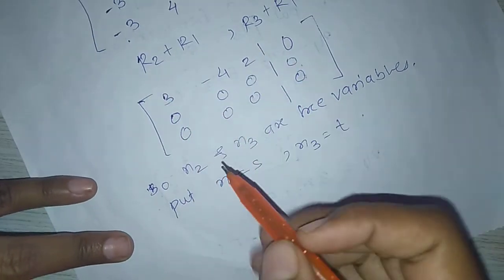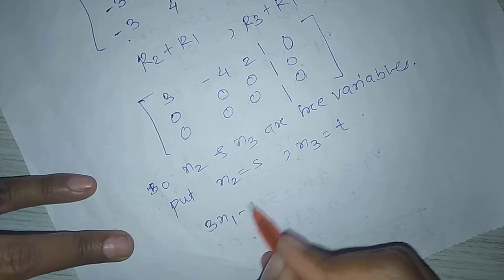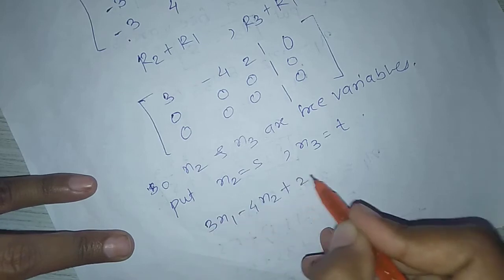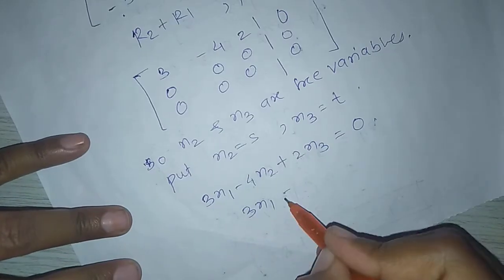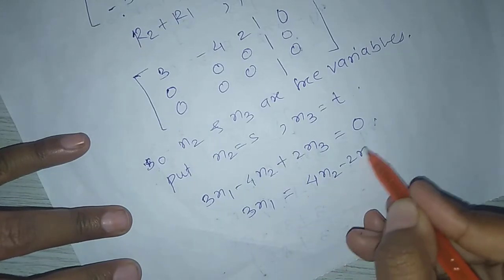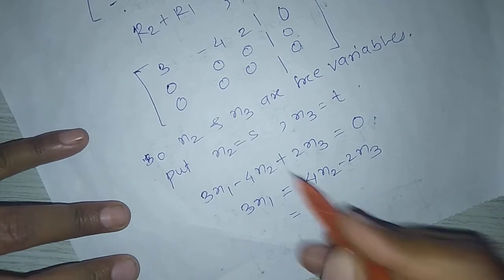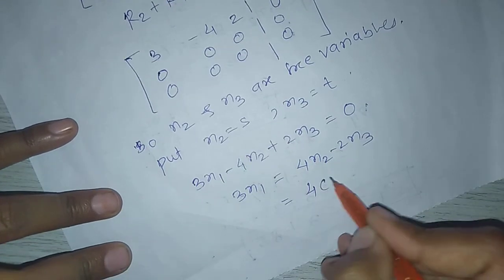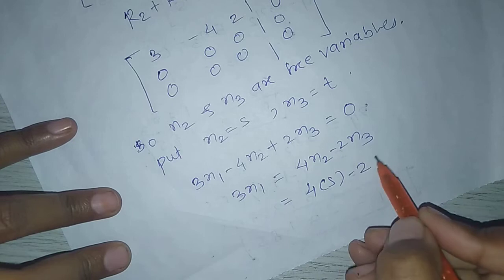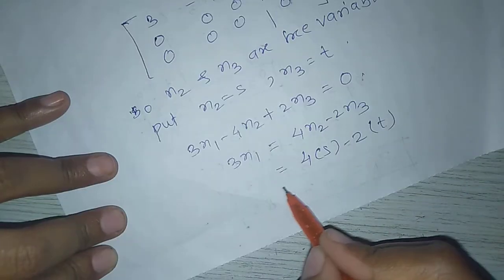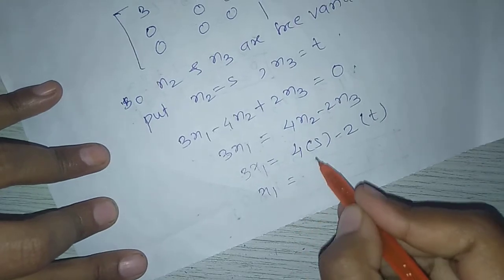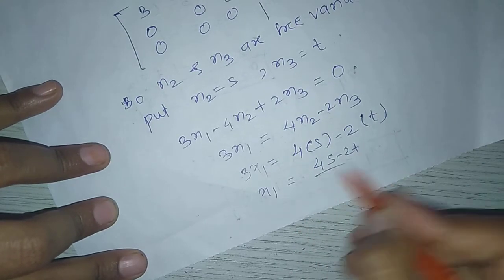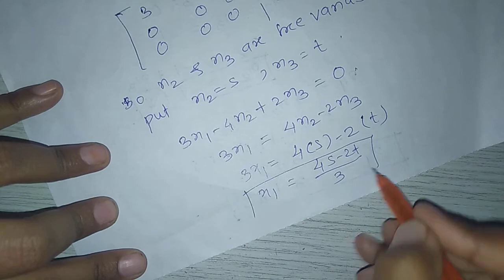From this we get the equation 3x1 minus 4x2 plus 2x3 equal to 0. So 3x1 equals 4x2 minus 2x3, where x2 is s and x3 is t. So x1 equals (4s minus 2t) upon 3.